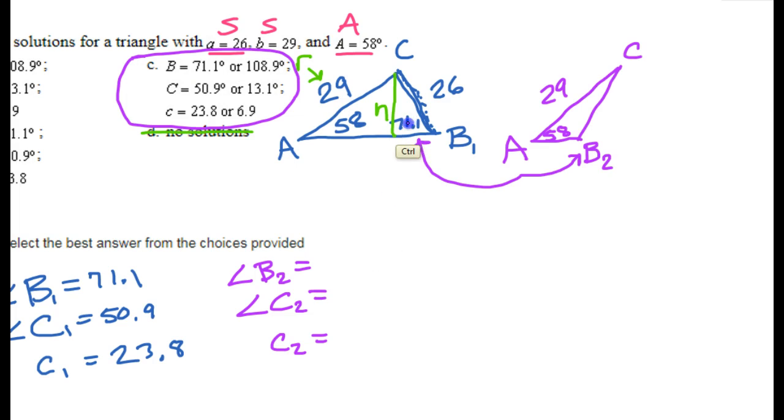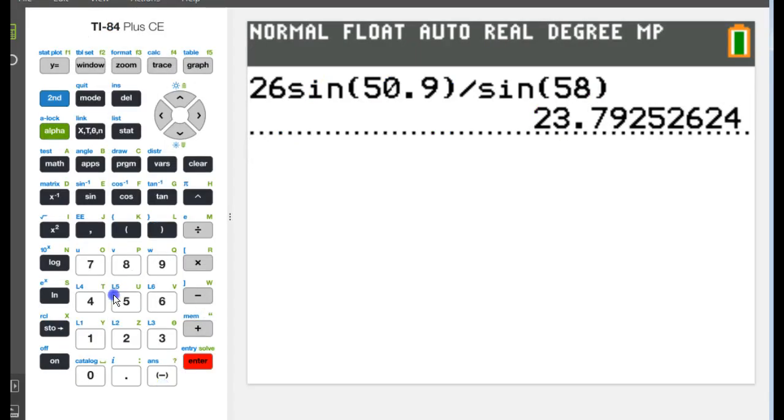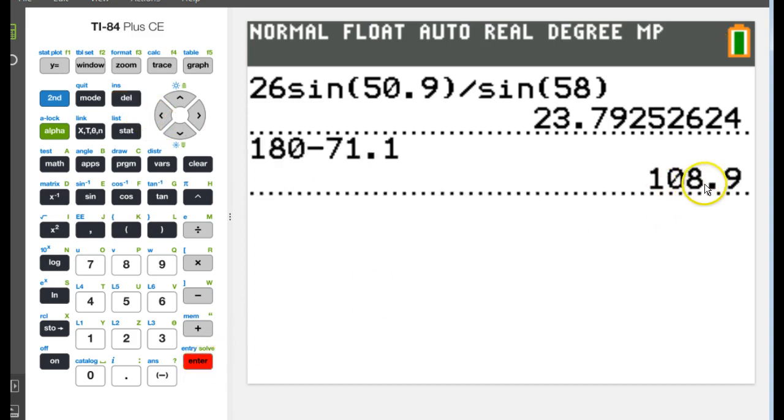So since B1 is 71.1, to find B2, I'm just going to go 180 minus 71.1. Okay, so that's going to give me 108.9.